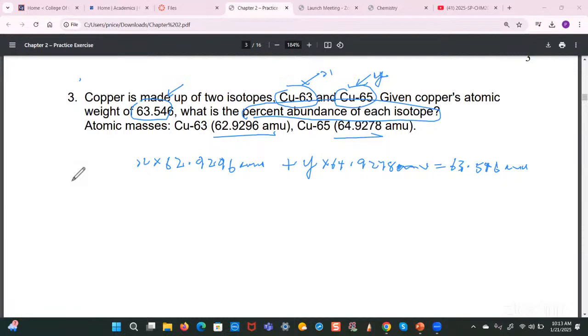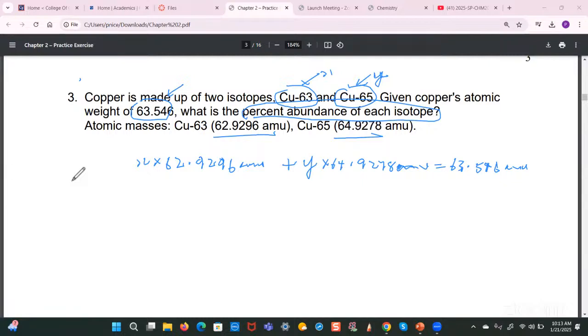In order to solve for two unknowns, you're going to need two equations, right? So the question now becomes, what will be the other equation which relates X to Y? The hint is that we're going to assume that those are the only two isotopes that exist, so there are no other isotopes.